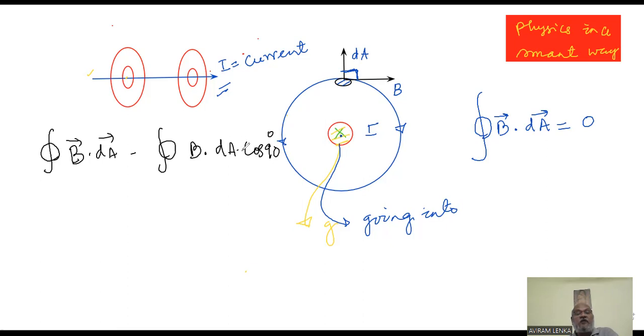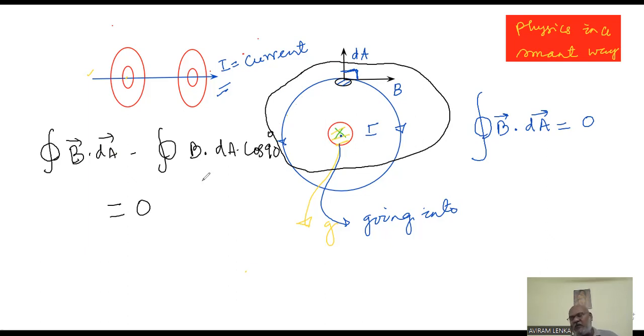Because cos 90 is 0, that will be equal to 0. With a bit of imagination, you may realize that we have proved this for a spherical surface. For a spherical surface, anywhere you consider dA, B will be normal to dA, and because of the cos 90 effect, that will be 0.